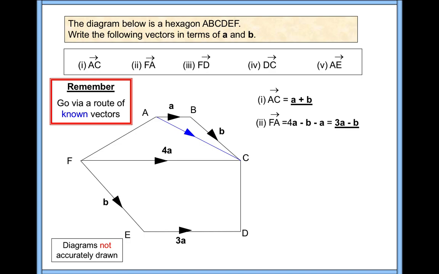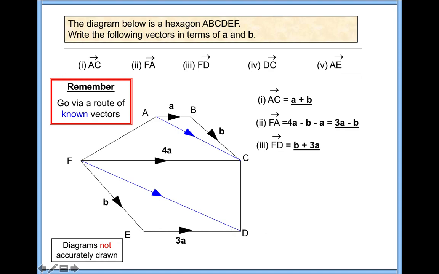FD is very easy actually. You can move via the known routes. I have drawn vector FD from F to D, so that is B plus 3A, already given to you. FD I have drawn with blue arrow.